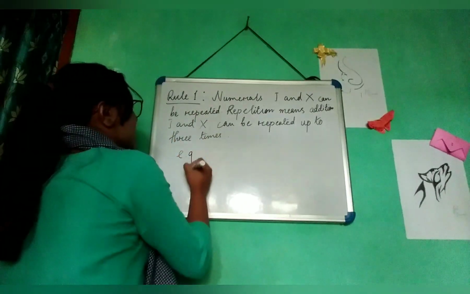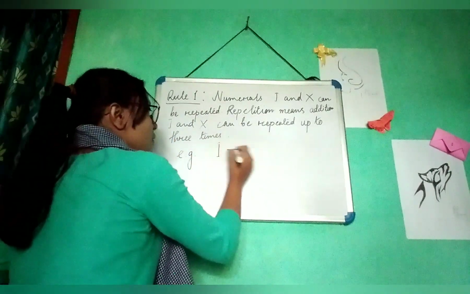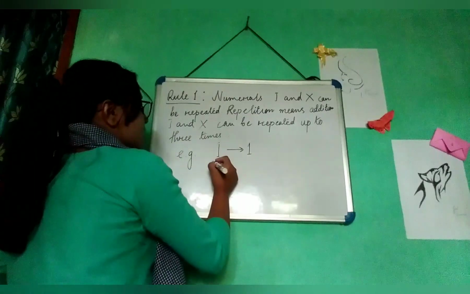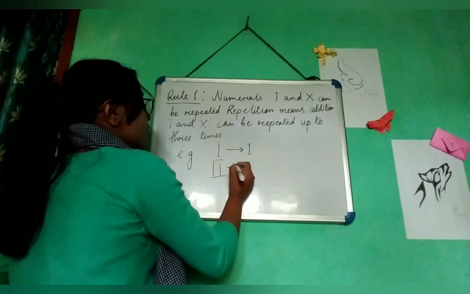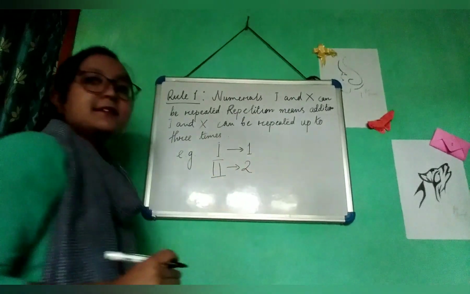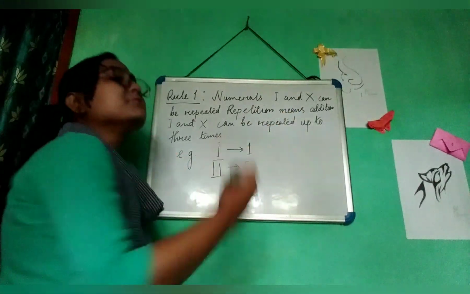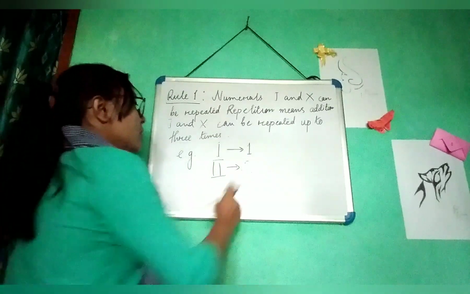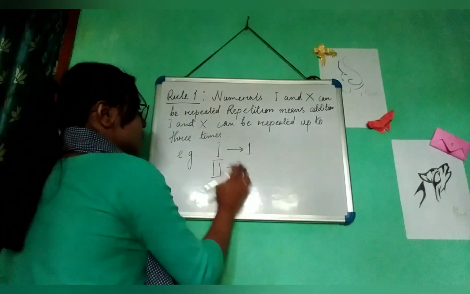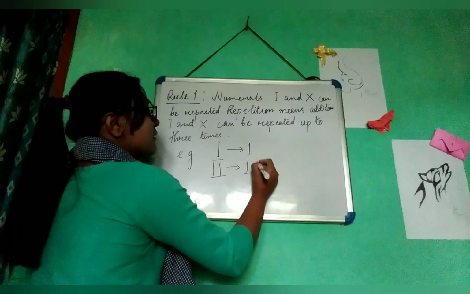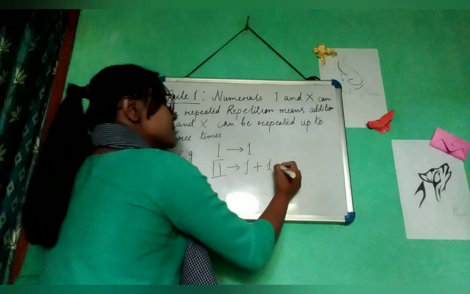For example, this means 1. This means 2. Why is it 2? Because repetition of these numerals means addition. It is repeated 2 times, so 1 plus 1, which is 2.